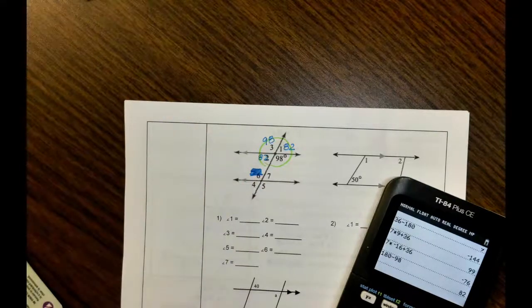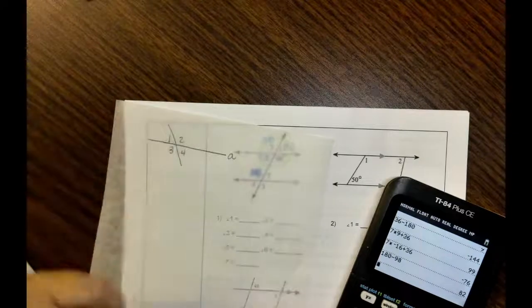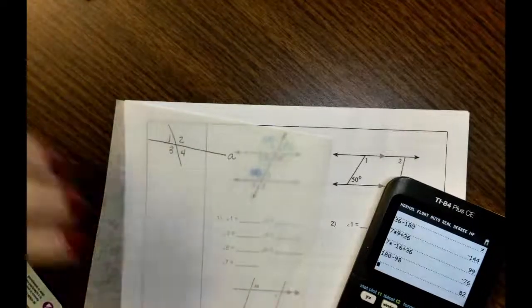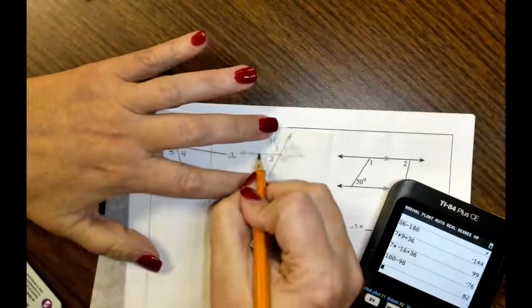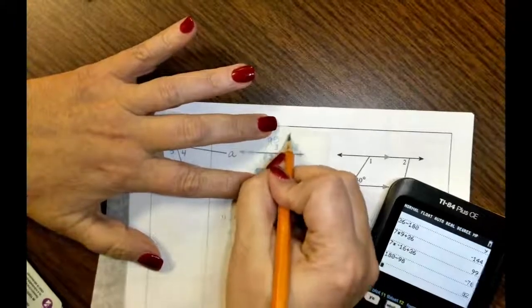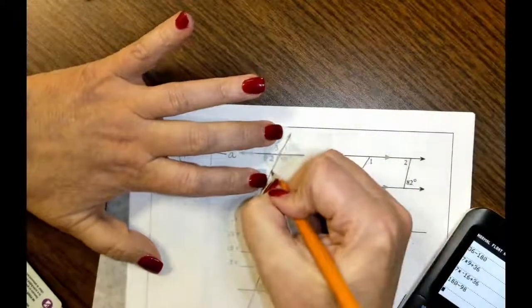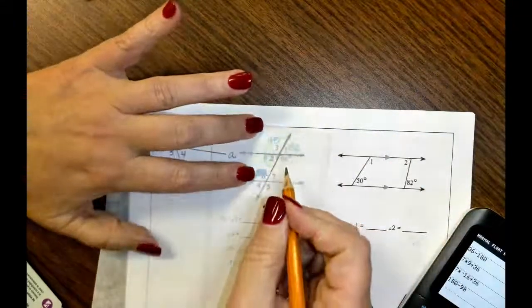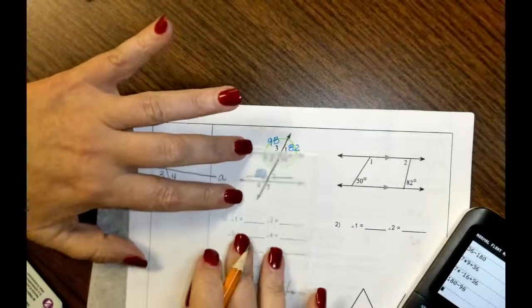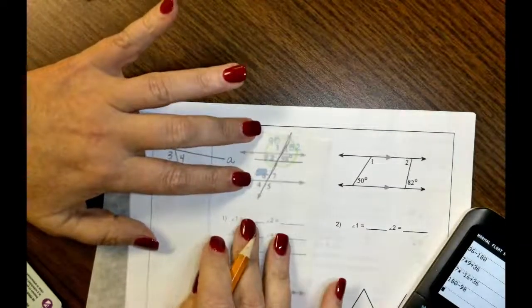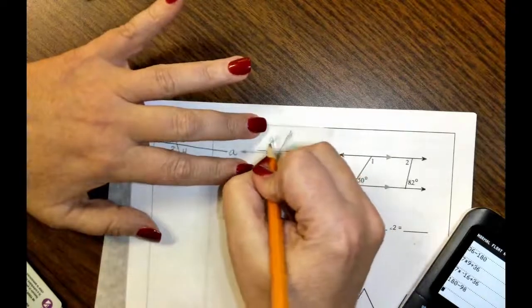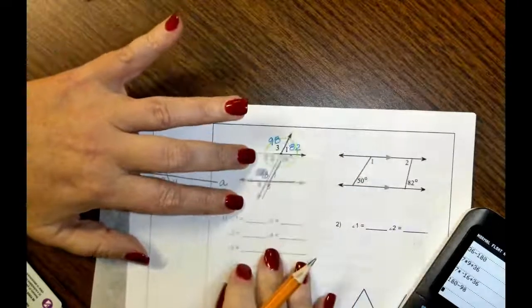Okay, so now what you want to envision is what we just did with this patty paper. If you need to, you can grab some patty paper, trace it, and if it's been drawn well, you can just slide it down and see how they match up. So this up here was 98 when I slide it down.